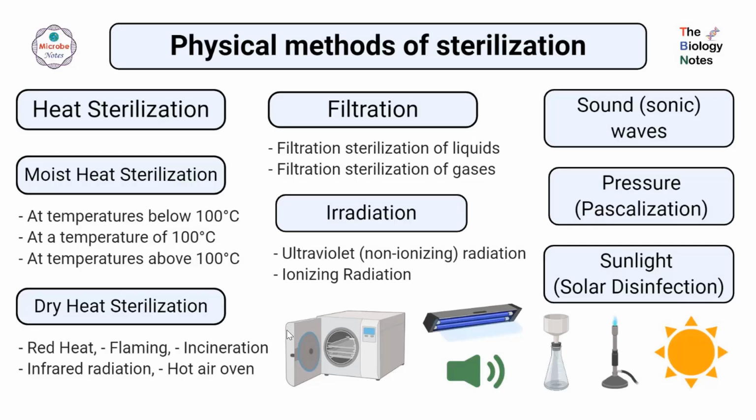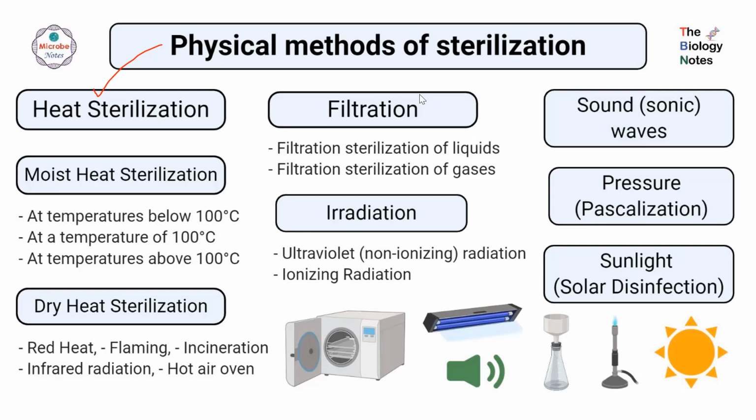Now, when we come to physical methods of sterilization, the most commonly used is heat sterilization, and in that we have moist as well as dry heat. In moist heat sterilization, we can work at a temperature below 100, at 100, or above 100 degrees centigrade. In dry heat we have red heat or incineration, and infrared radiation with hot air oven.